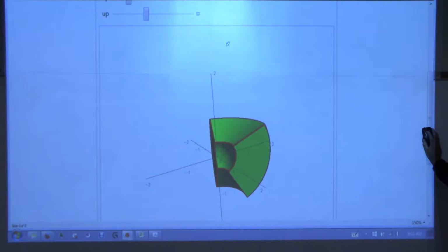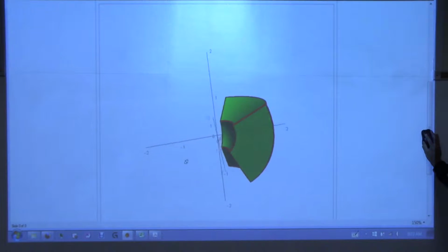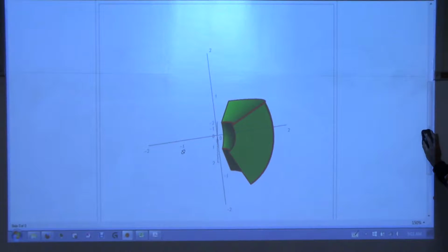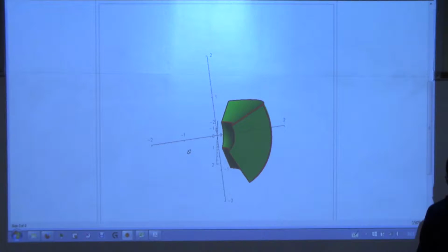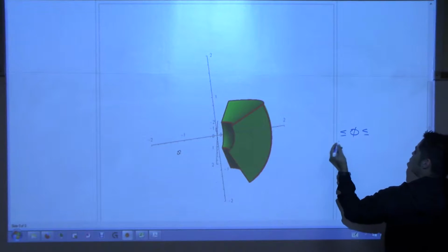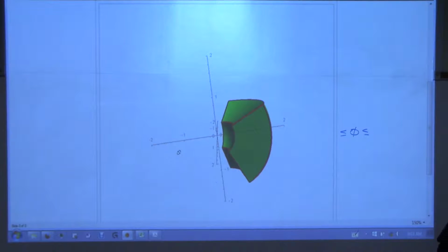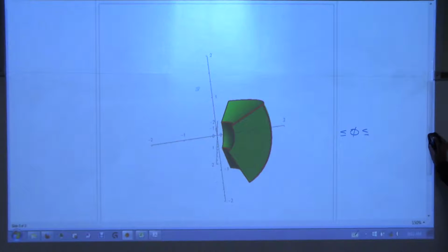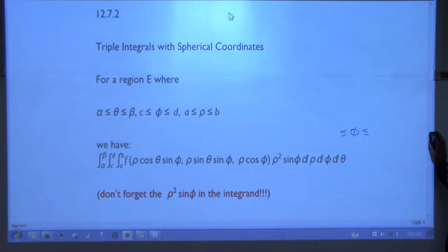Now here's another example of a spherical region. So let me see if I can show you this. I'm going to show it to you from the back side. So what we have here is I've taken my phi and I have restricted it between two constants. I have it written down here: C and D, alpha, beta.